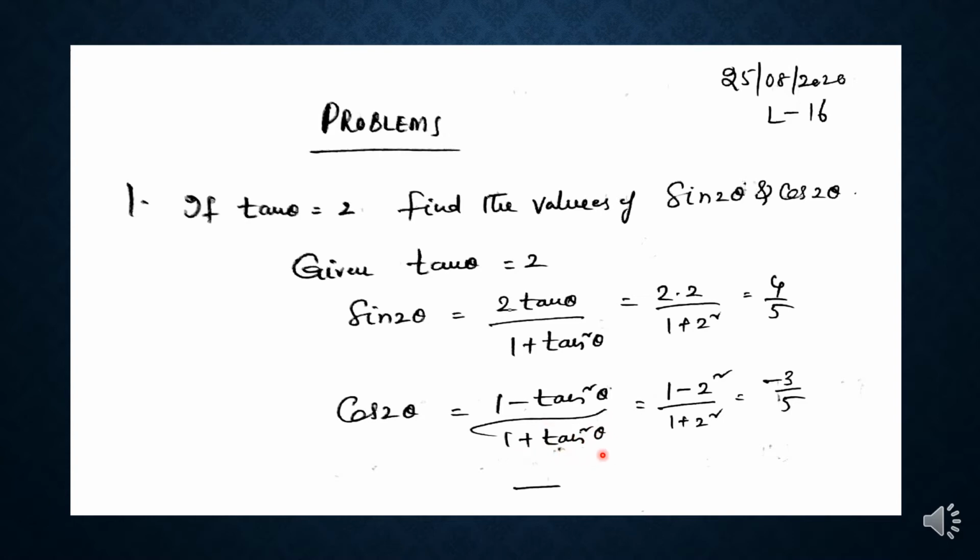By substituting tan theta is equal to 2, we will get 1 minus 2 square by 1 plus 2 square, that is 1 minus 4 by 1 plus 4, that is equal to minus 3 by 5, that is cos 2 theta. Thus we can find the values of sin 2 theta and cos 2 theta when we have given the value of tan theta.